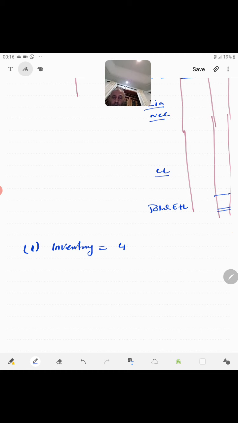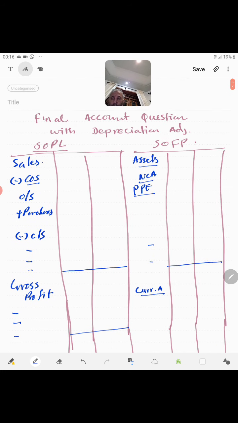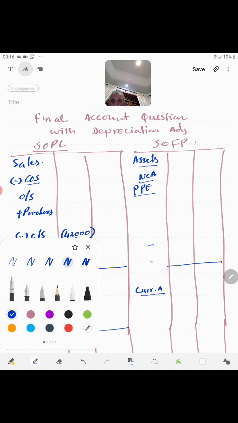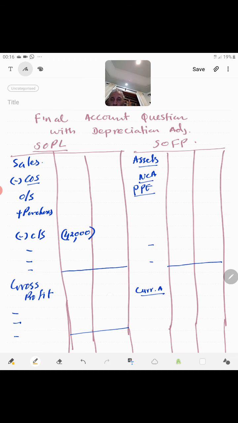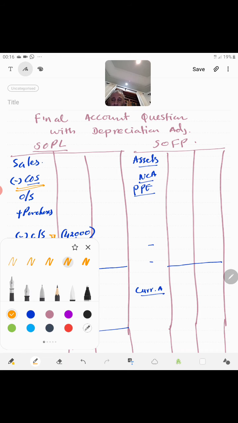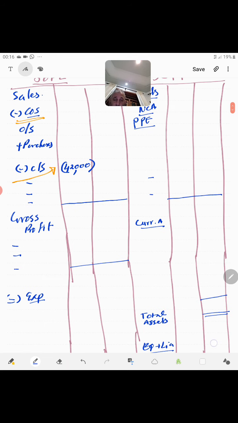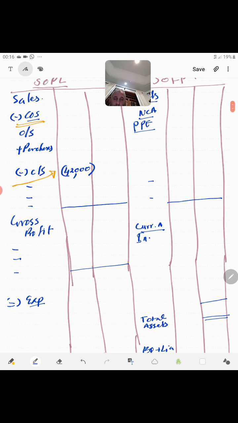For this 42,000, the adjustment we require is to subtract the 42,000 under the calculation of cost of sales. Note that this is under cost of sales. We are taking this closing stock here. And then we come to current assets and consider it as the closing inventory, one of our current assets, and we take it here.